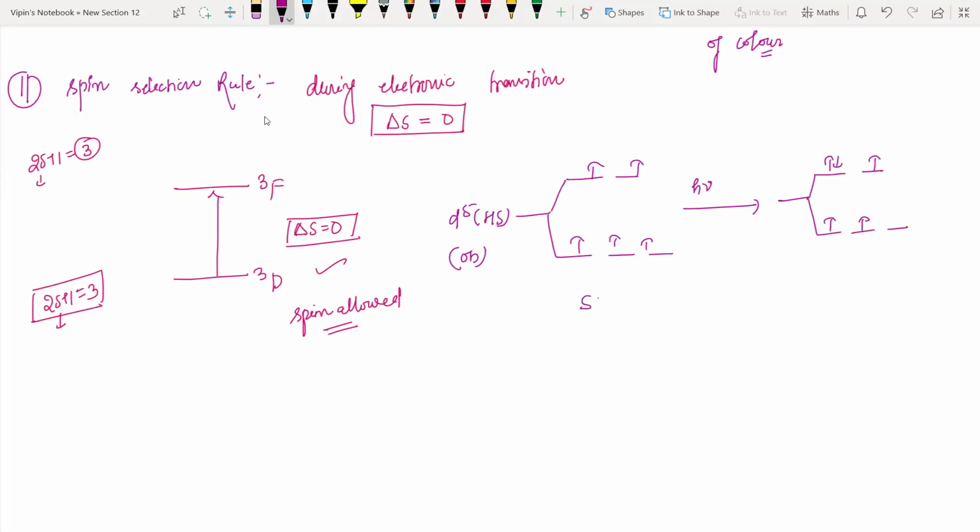This is state 1. We can say energy level 1 is state 1. And this is state 2.